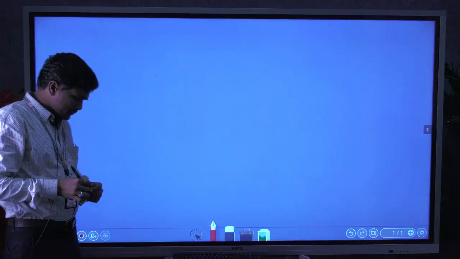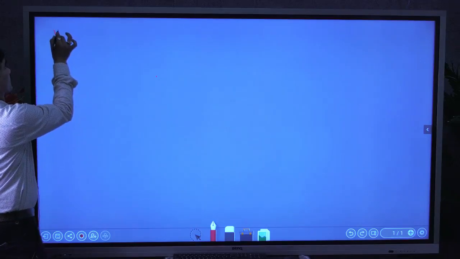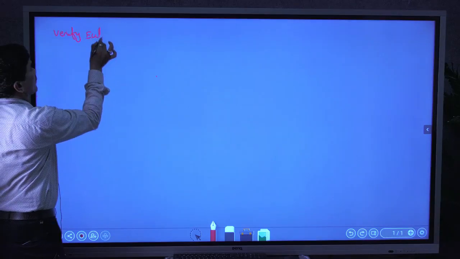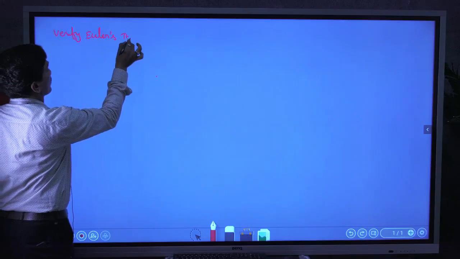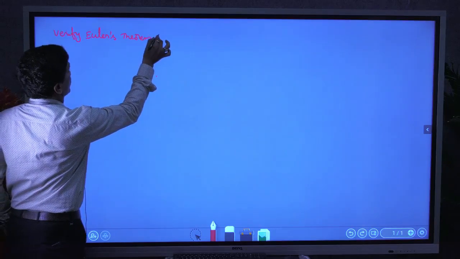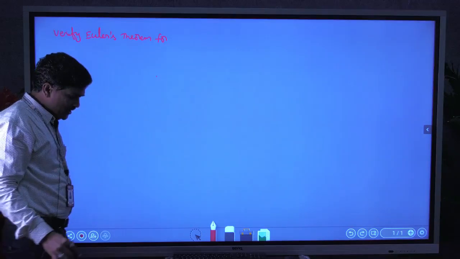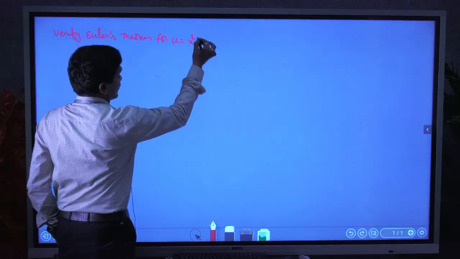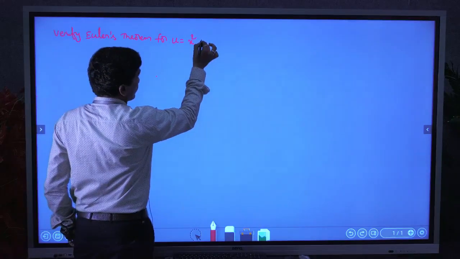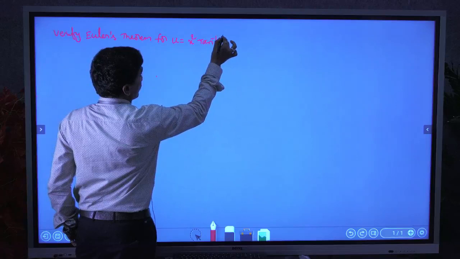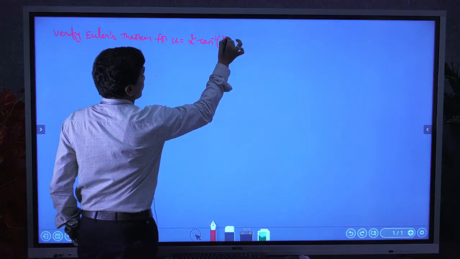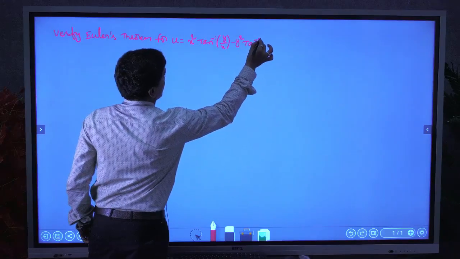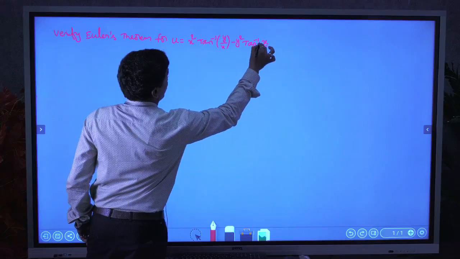First of all, take one problem. Verify Euler's theorem for the function u is equal to x square tan inverse of y by x minus y square into tan inverse of x by y.